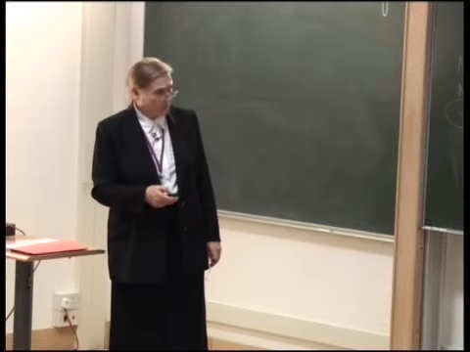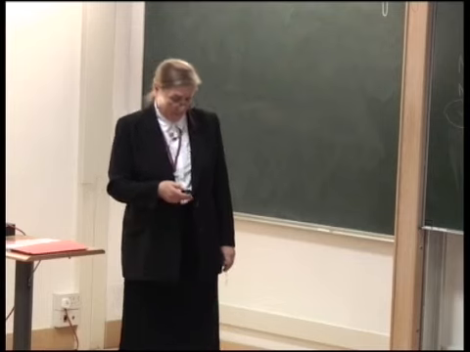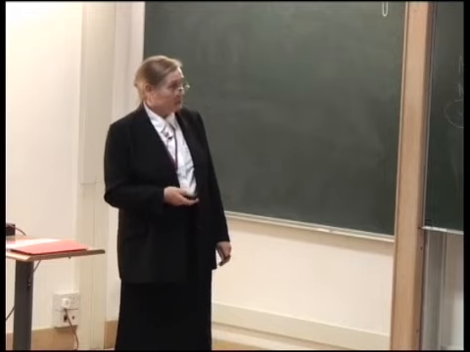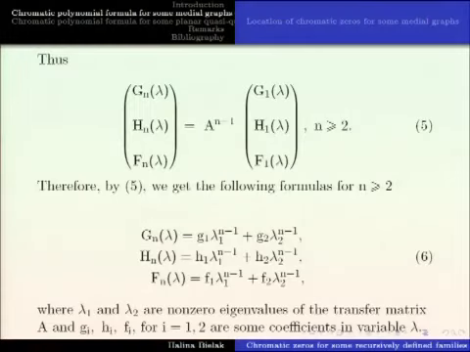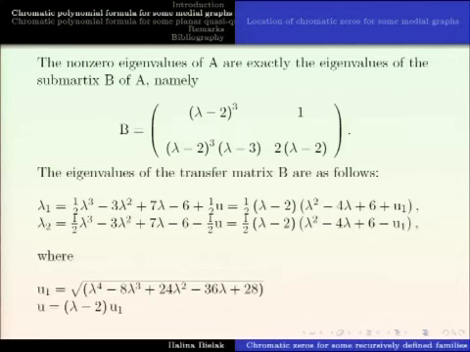So if we would like to discover the explicit formula, we should count these coefficients and these eigenvalues. These non-zero eigenvalues are in fact the non-zero eigenvalues of a submatrix of this previous matrix B, presented here, and they are of the following form.